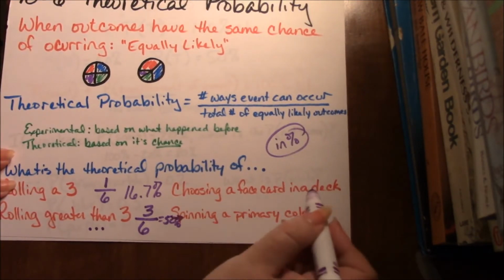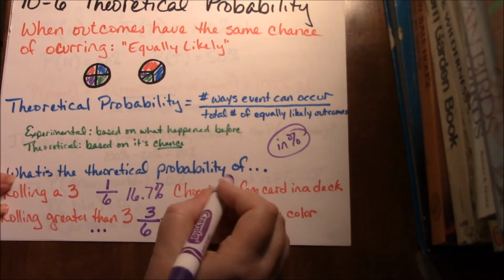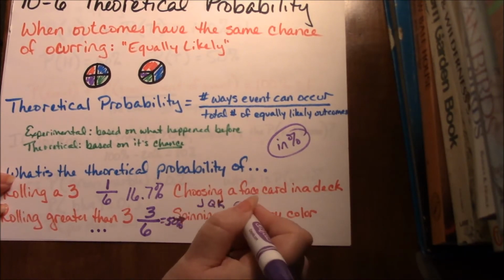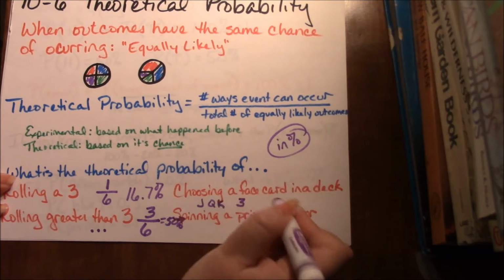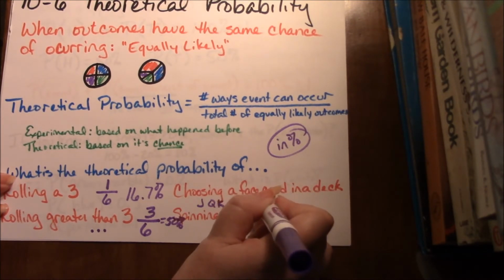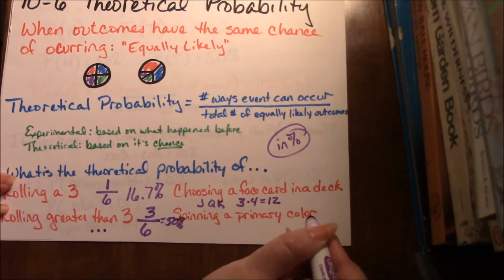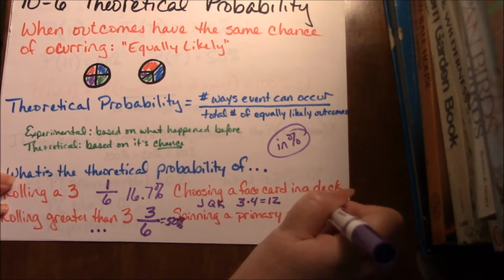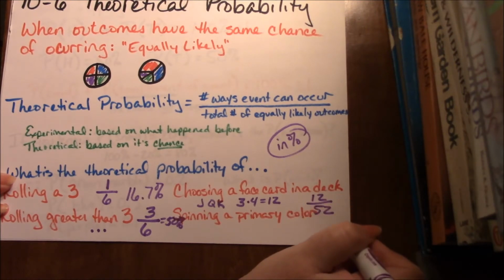Choosing a face card in a deck. There are 3 face cards, Jack, Queen, and King, in each suit. There are 4 suits, so there are 12 face cards in a deck. There are 52 total cards.